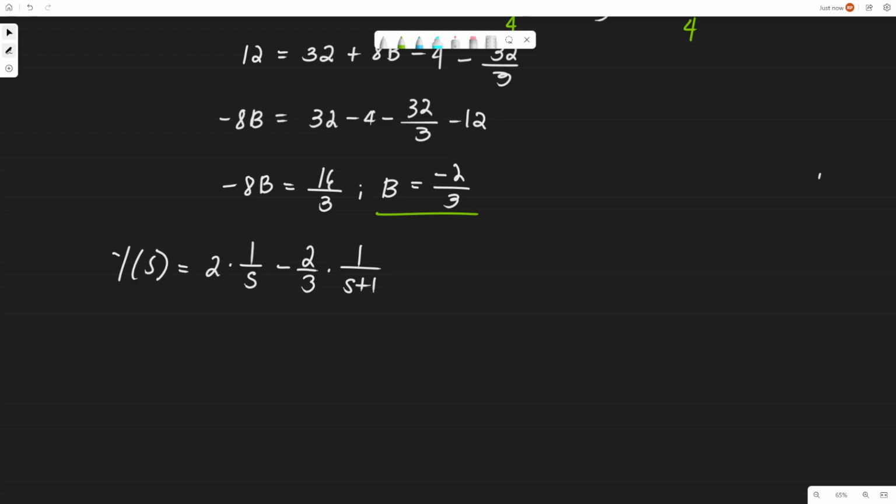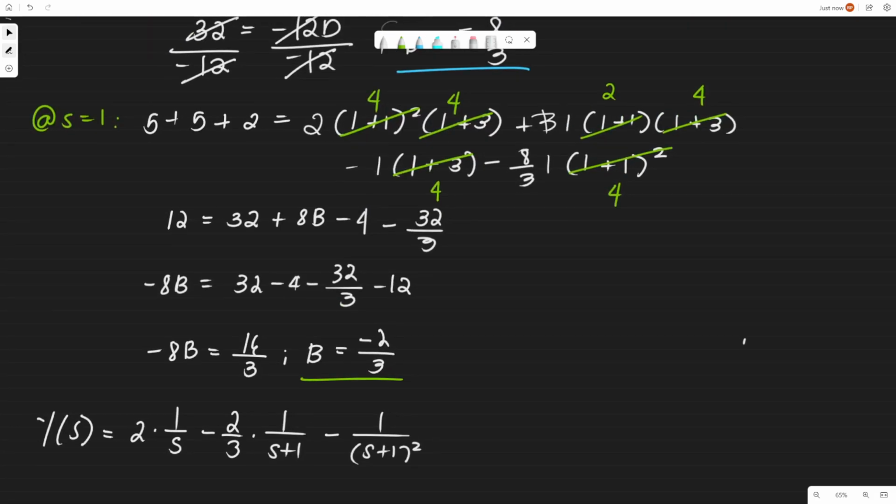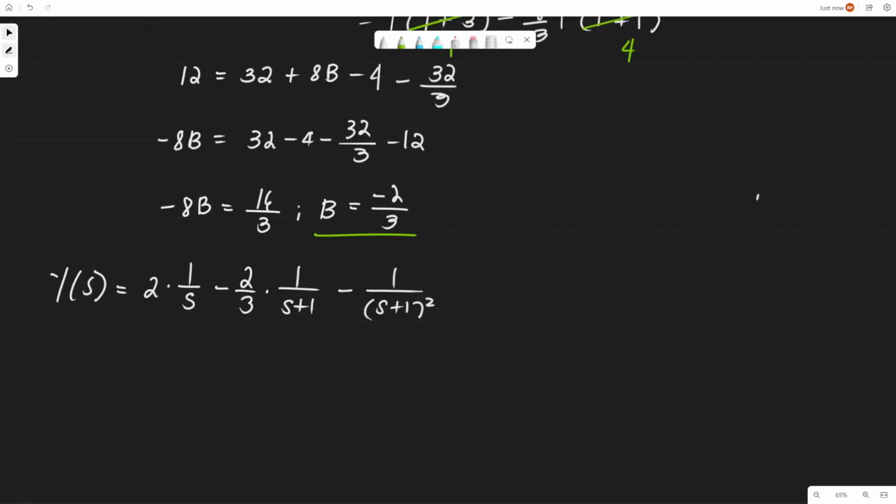So we have minus 1 over S plus 1 quantity squared. So we have, then yung last sa ating negative 8 over 3. So we have 8 over 3 times 1 over s plus 3. Ayan.